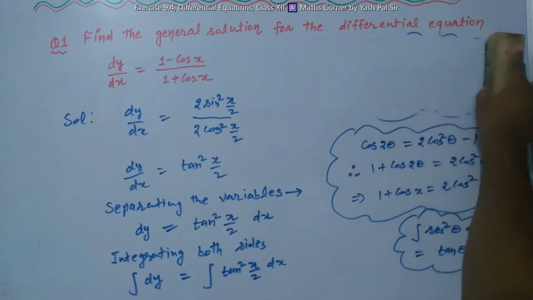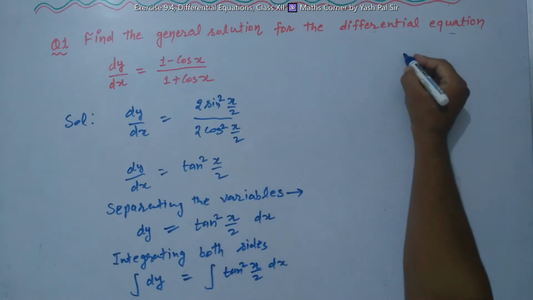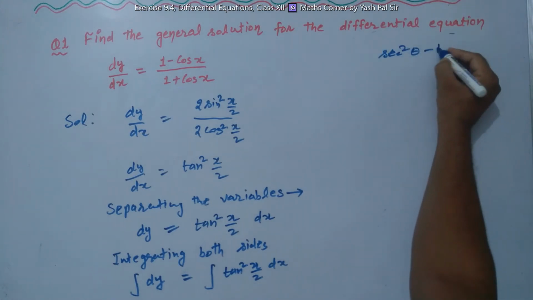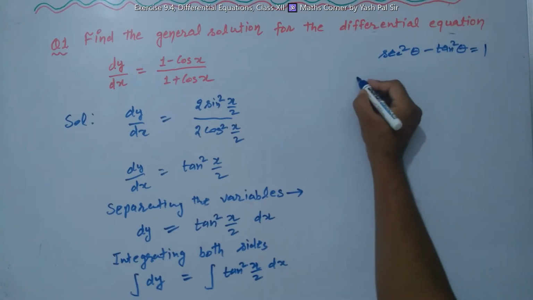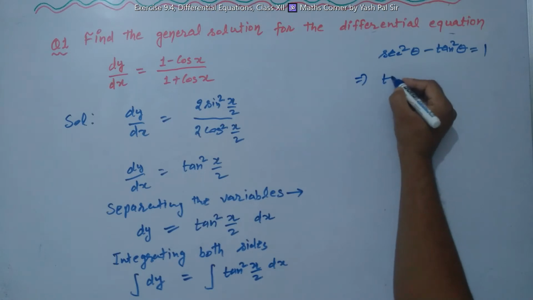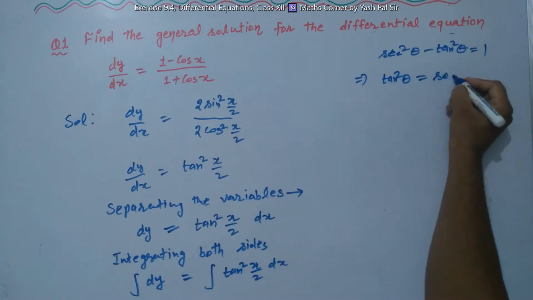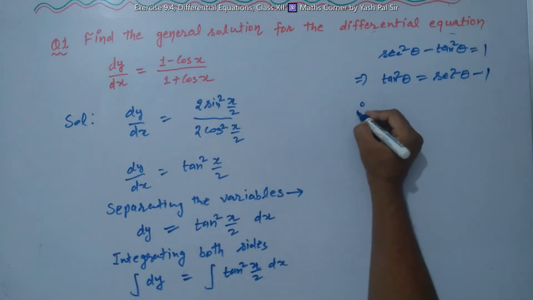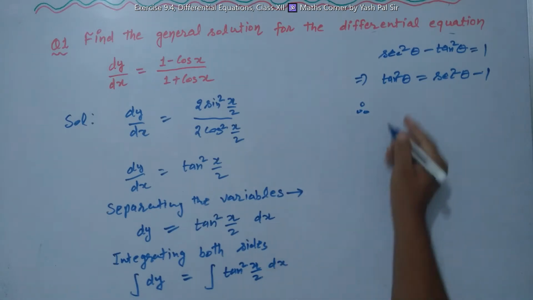Now how to solve next? Because secant square theta minus tangent square theta is equal to 1, therefore tangent square theta is equal to secant square theta minus 1. Therefore put theta is equal to x upon 2.